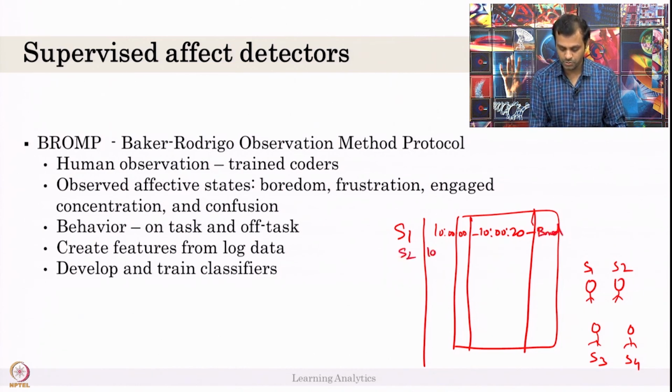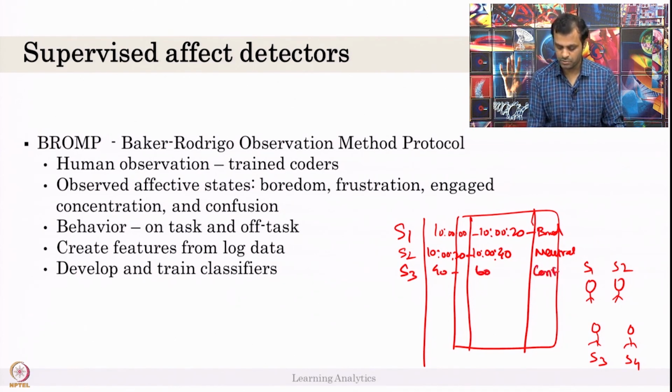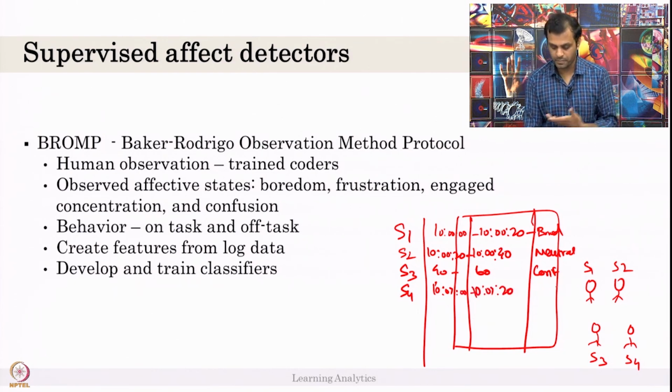Then you go to S2, observe for 20 seconds, and note down that the student is neutral, no emotions, actually focused and engaged. Then from 40 to 60 you might observe student 3, maybe confused. Then student 4, from 10:01:00 to 10:01:20, and you observe the student's emotion, say S4 may be confused, bored or frustrated.